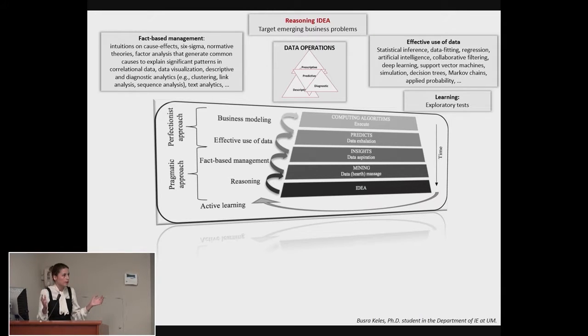Because if we target a complex problem, we can answer why it happened, how it happened, when it happened, and how many times it happened. And then we can use factor analysis, correlation, data visualization, descriptive and diagnostic tools. All the data tools are embedded in this section.